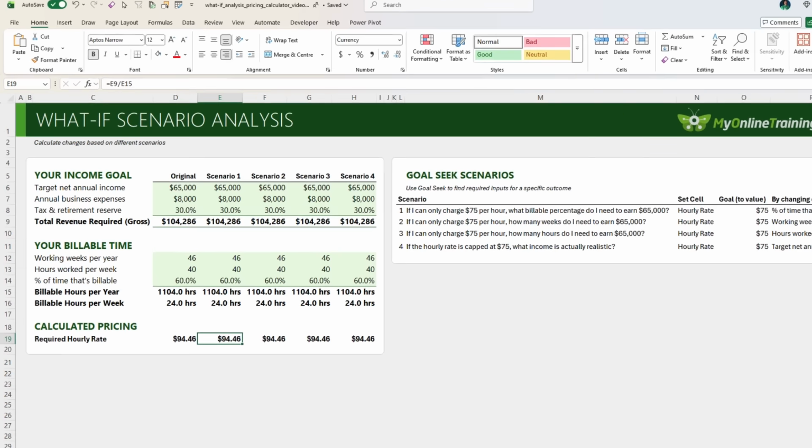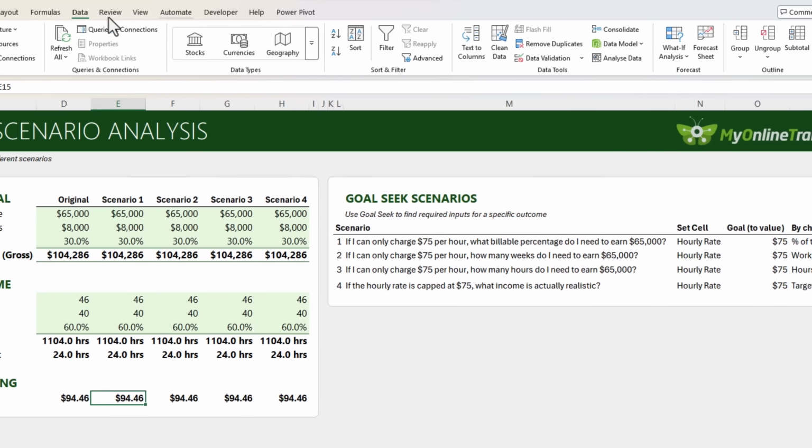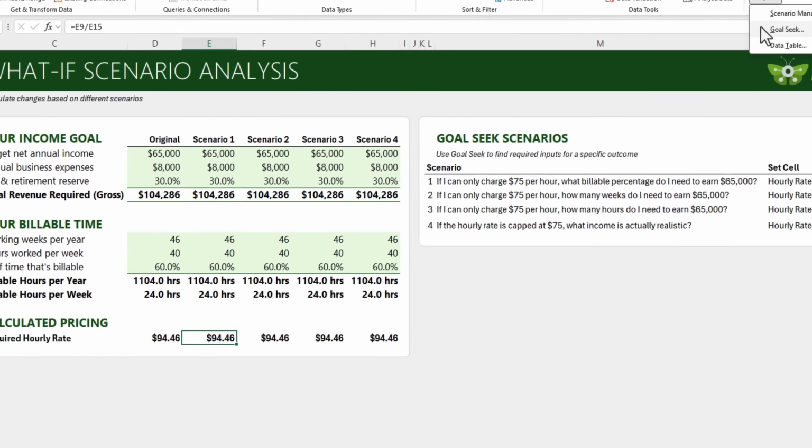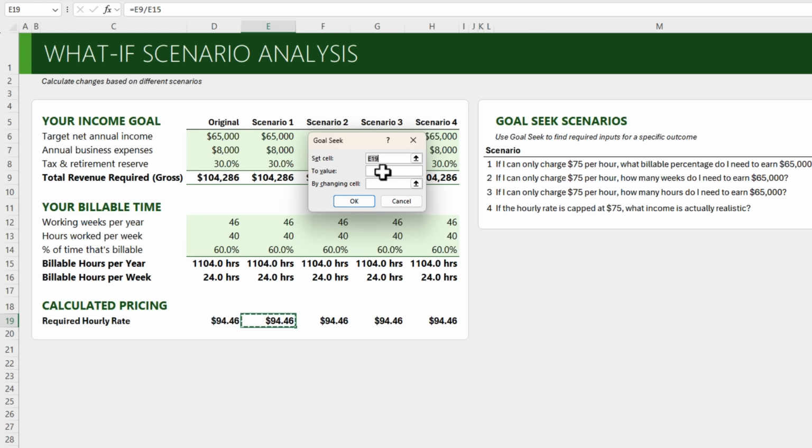So with that cell selected on the Data tab, What If Analysis, GoalSeek, the set cell's already selected. That's my hourly rate. I want to change it to $75 by changing the percentage of time that's billable. Click OK, and Excel works backwards to find the billable percentage needed to make the hourly rate equal to $75.